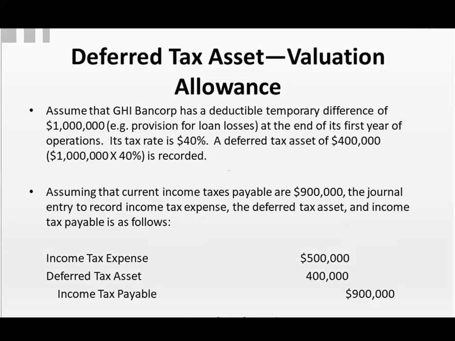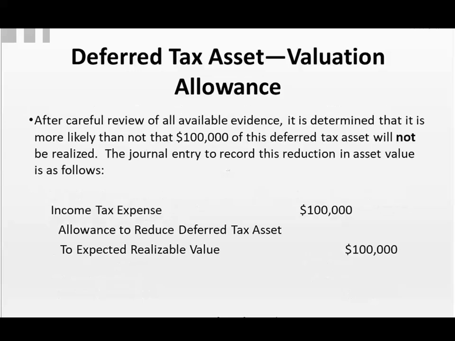Credit income taxes payable for the $900,000, debit income tax expense current for $500,000, and set up a deferred tax asset for $400,000. Okay? And that's the way you'd have to take a look at that. And then, of course, since you have an asset, you've got to say, do I need a valuation account, an allowance?